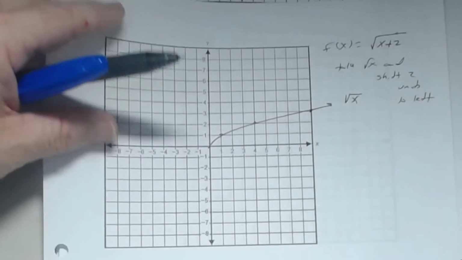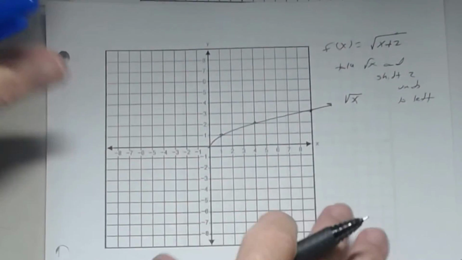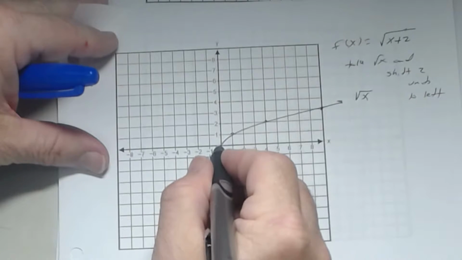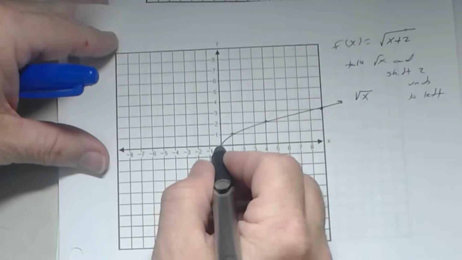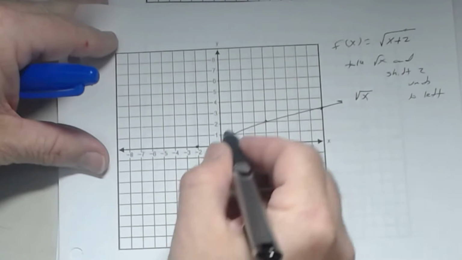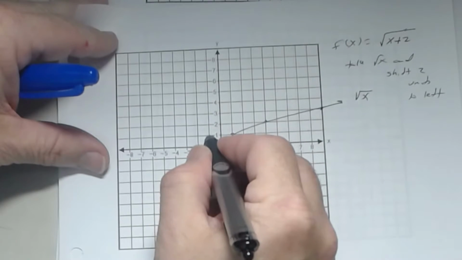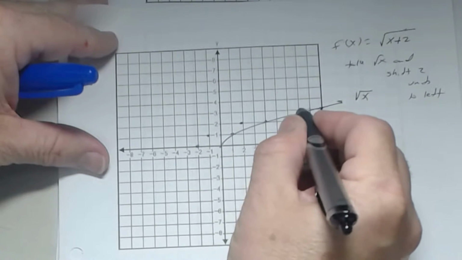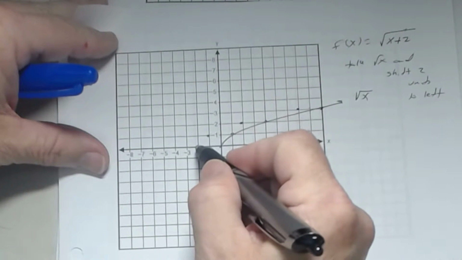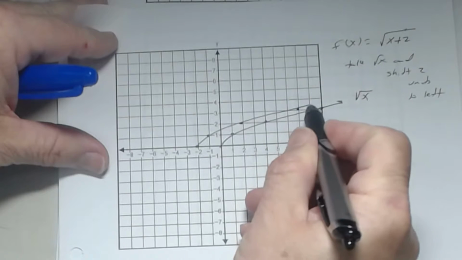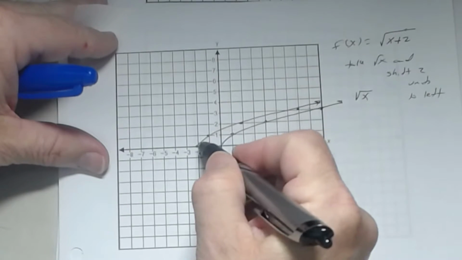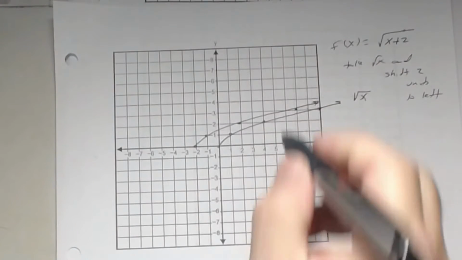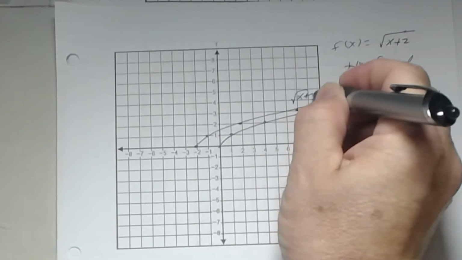That's why. All right, so just do the best you can. So you're going to shift it which way? 2 to the left. So every point moves to the left, right? 1, 2. So there's your graph. Okay, just do the best you can with it. So this would be the square root of x plus 2.